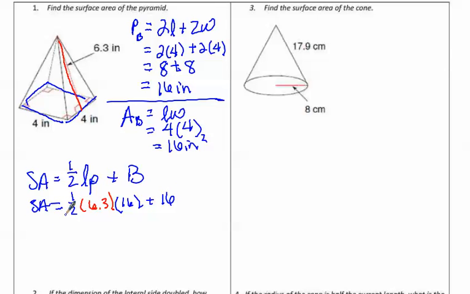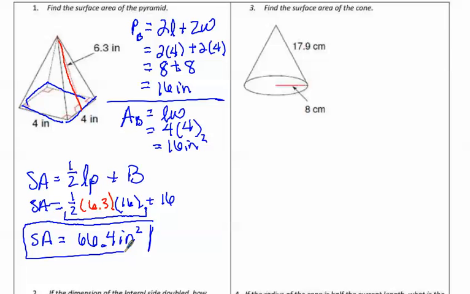Make sure you do all your multiplication first and then add your 16. You should get a final answer of 66 4/10 inches squared. Circle or box your answer so you know it's your final answer.